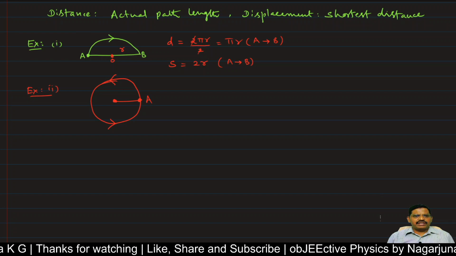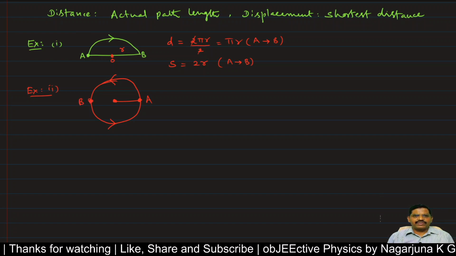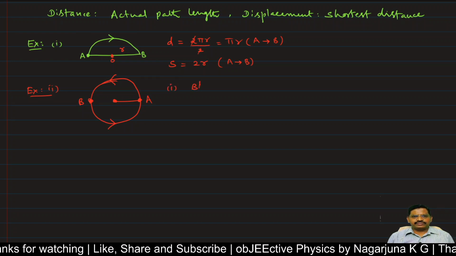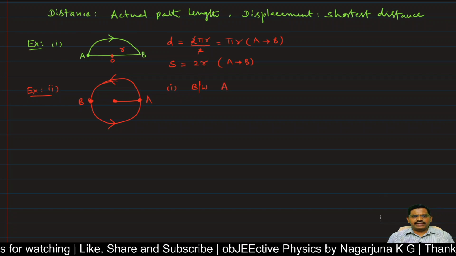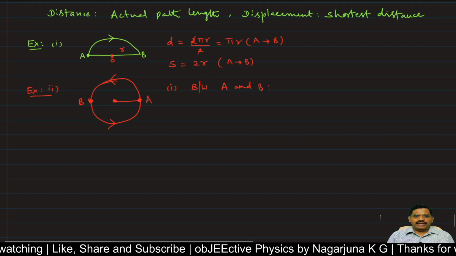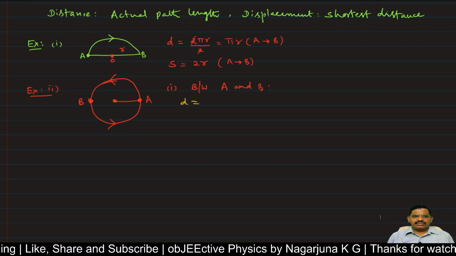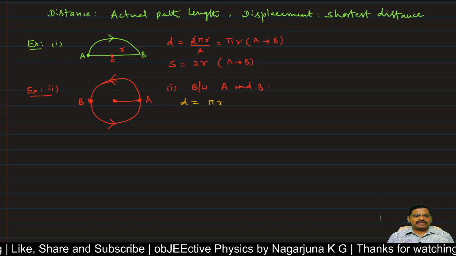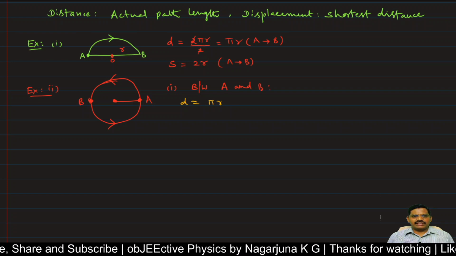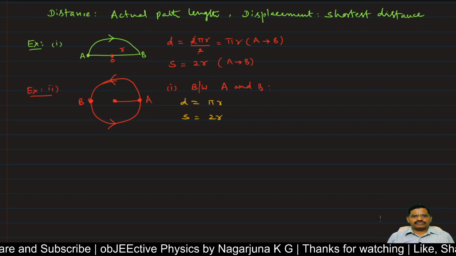When the particle reaches point B, starting from A, first of all between A and B, distance travelled d is equal to pi r, same as above, that is the length of the semicircular arc, whereas displacement is equal to 2r.